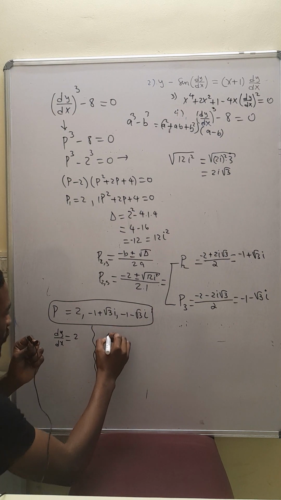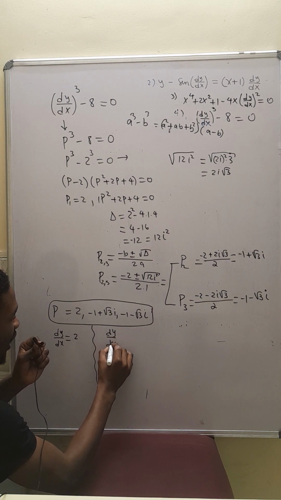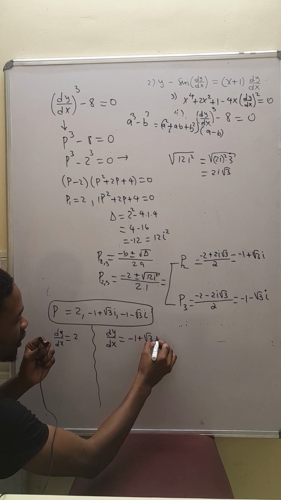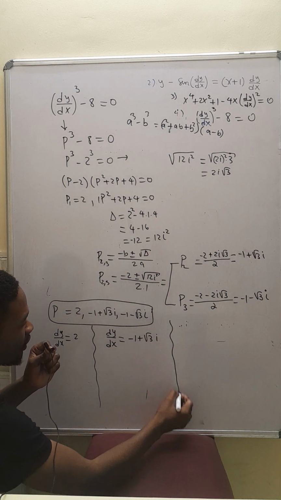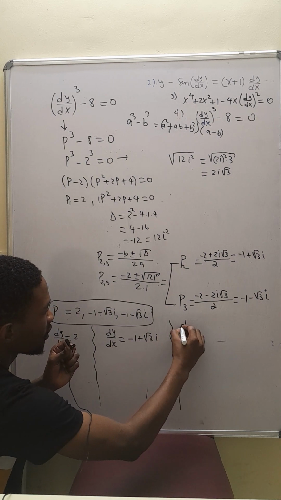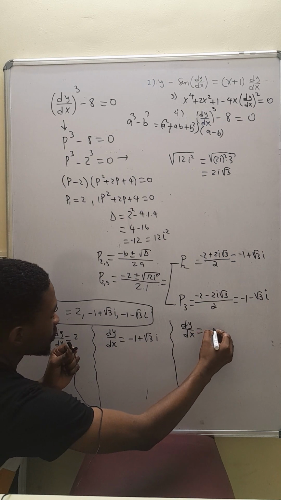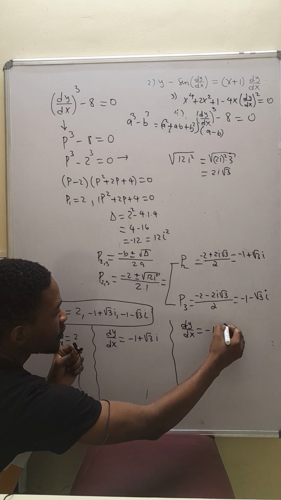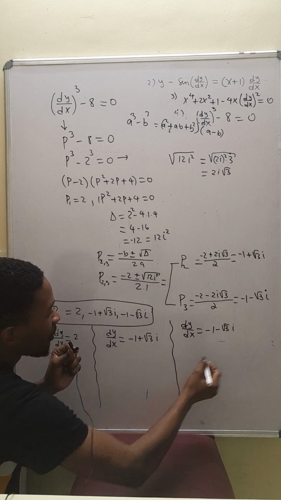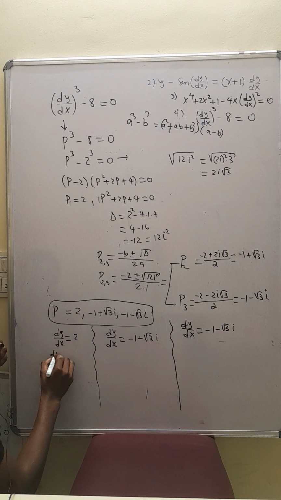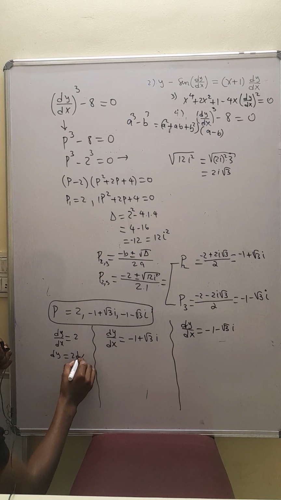And here I will have also dy by dx is equal to minus 1 plus root 3i, then dy by dx is equal to minus 1 minus root 3i. Now solve this equation. This will be very easy. dy is equal to 2 dx.